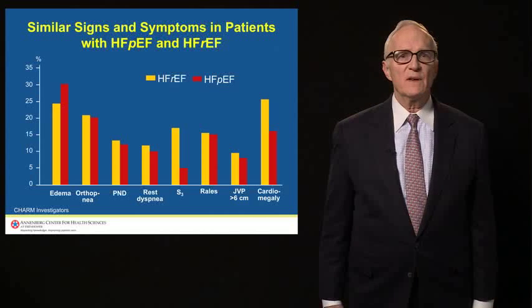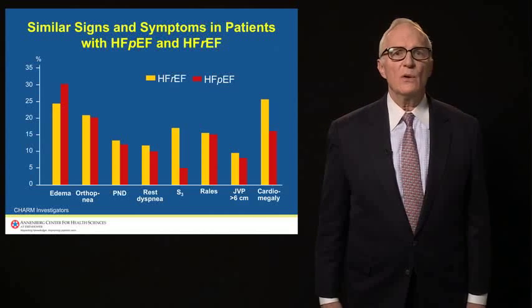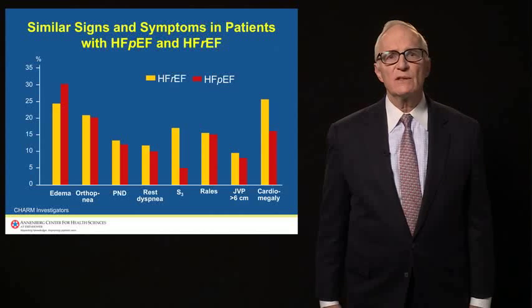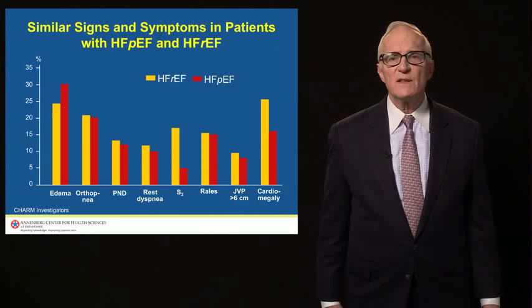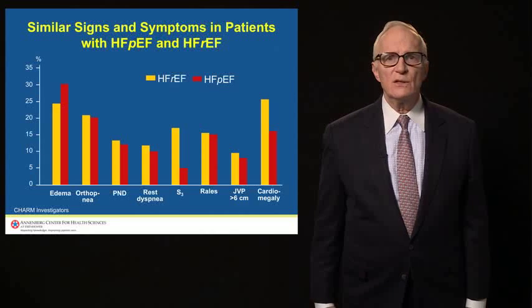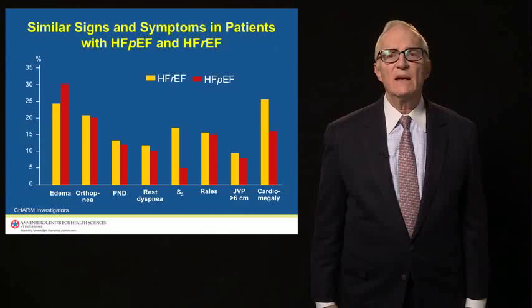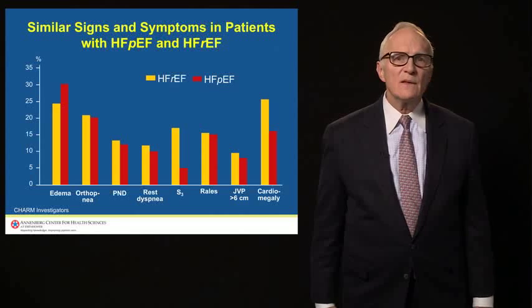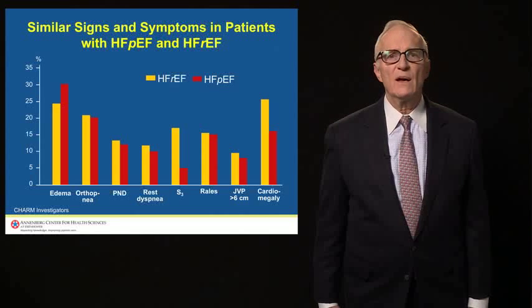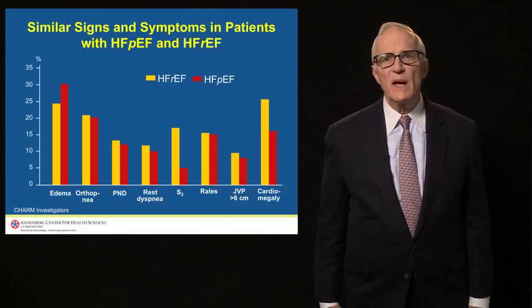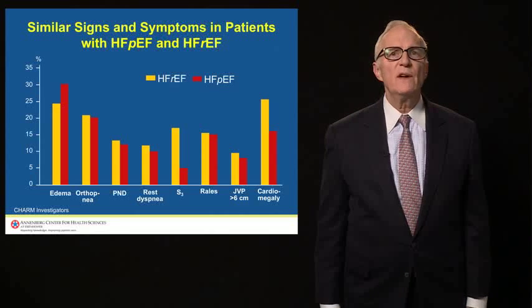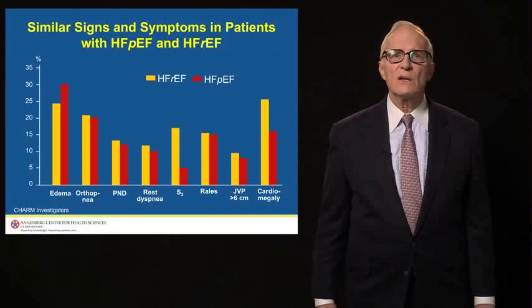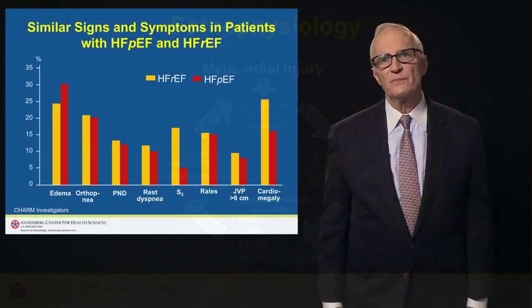They all manifest peripheral edema, orthopnea, paroxysmal nocturnal dyspnea, dyspnea at rest, rales in the chest on physical examination, unusually elevated neck veins, and they also have third heart sounds and cardiomegaly. So clinically, these syndromes are very similar. Outcomes are similar. Treatments are different.